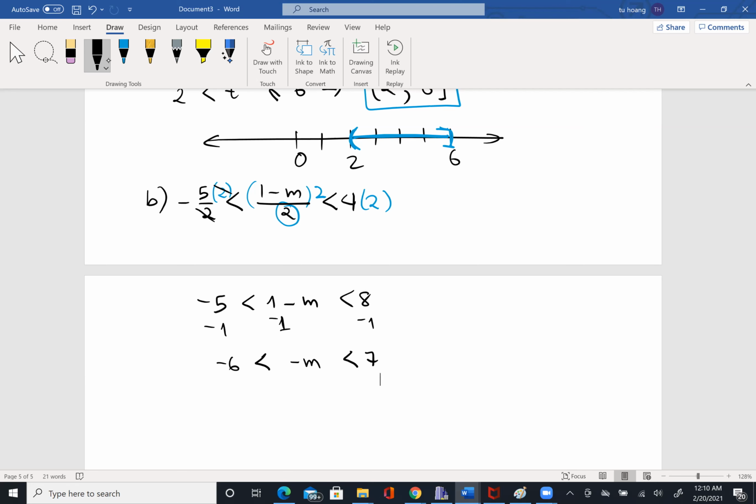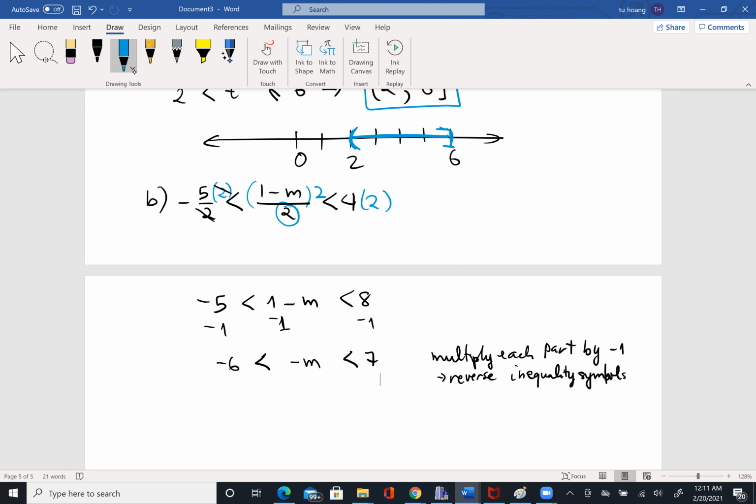Now I would like to multiply by a negative number. I will multiply each part by negative 1. That is going to reverse the inequality symbols.